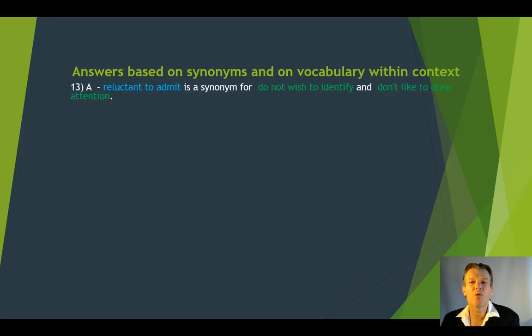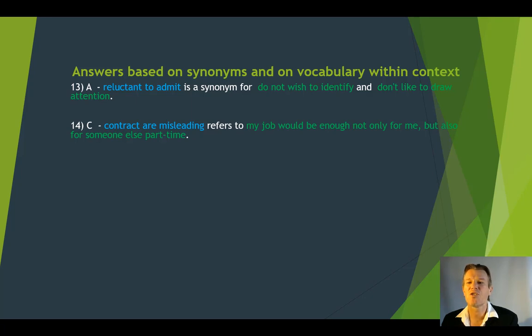So the first one we've already done, number 13, we said the answer was A because reluctant to admit is a synonym for do not wish to identify and don't like to draw attention. The answer to number 14 is C, contracts are misleading.